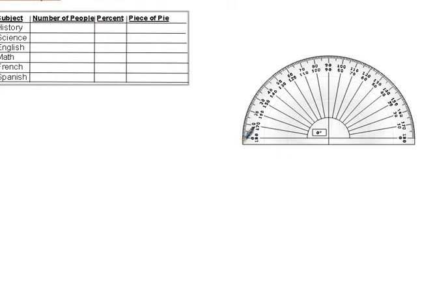If we look at the outside numbers, from 0 degrees all the way to 180 degrees.